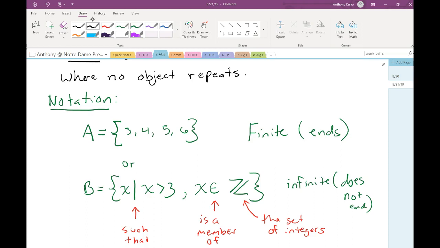Listing all the weights between 100 pounds and 200 pounds, that's infinite. So you could have 100 pounds, 100.1 pounds, 100.01 pounds, 100.001 pounds, and you can see really quickly that if I go on like this, I'm never going to finish that list. Does everybody see that?